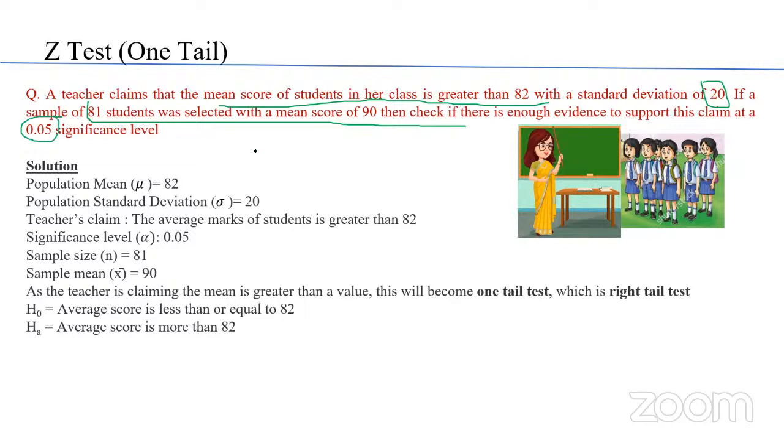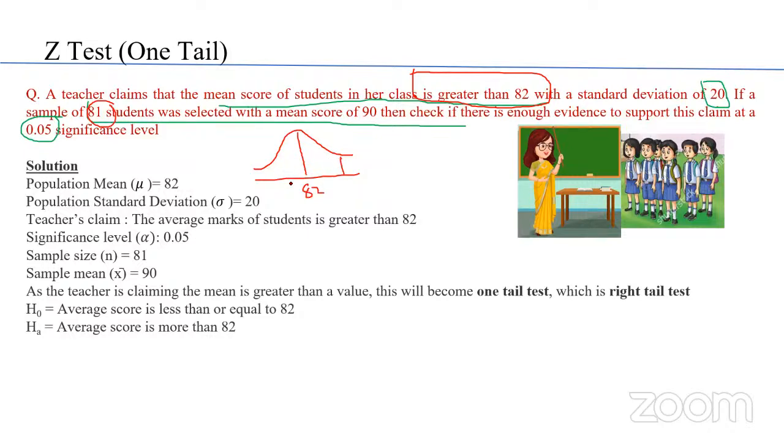Now you should be telling what are the values. Forget about the values which I have shown here. What have been given and what is the sample size here? 81 students. So which test should I be using, T-test or Z-test? Z-test, because 81 students, right? And the teacher is claiming my students are getting more than some value, because the mean value is 82, and she is telling that my students are getting more than a particular value.